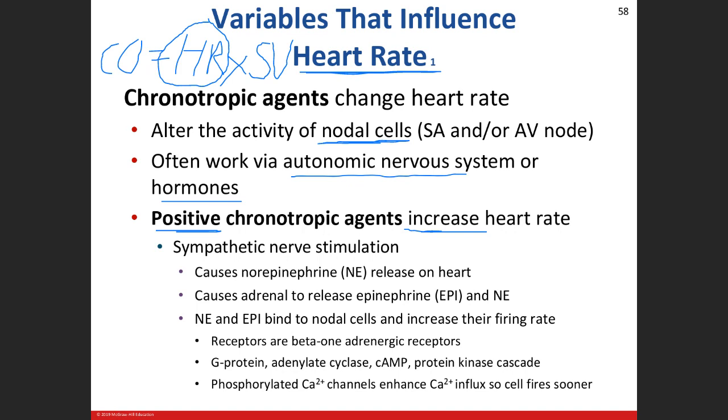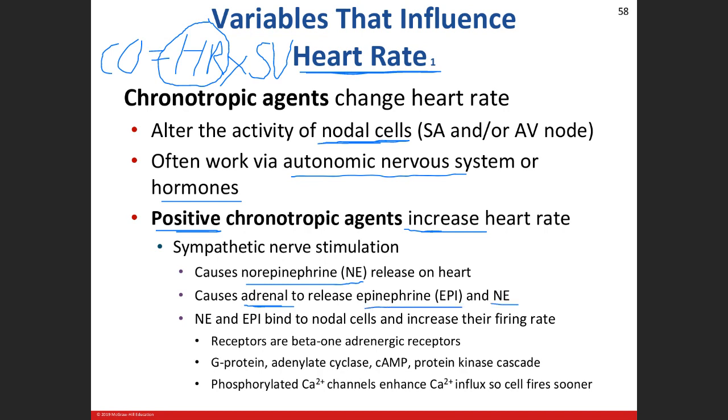It all starts off with norepinephrine. Norepinephrine is going to be the neurotransmitter that is involved in this. That sympathetic neuron is going to release its norepinephrine onto the nodal cell. Meanwhile, your adrenal glands, specifically the medulla of the adrenal glands, are going to be pumping out epinephrine and norepinephrine.